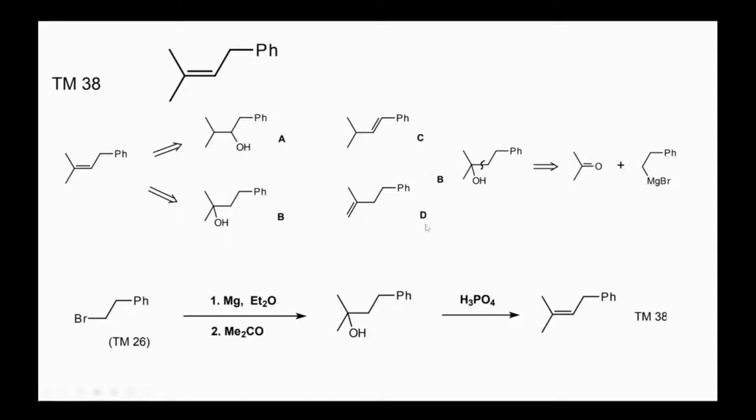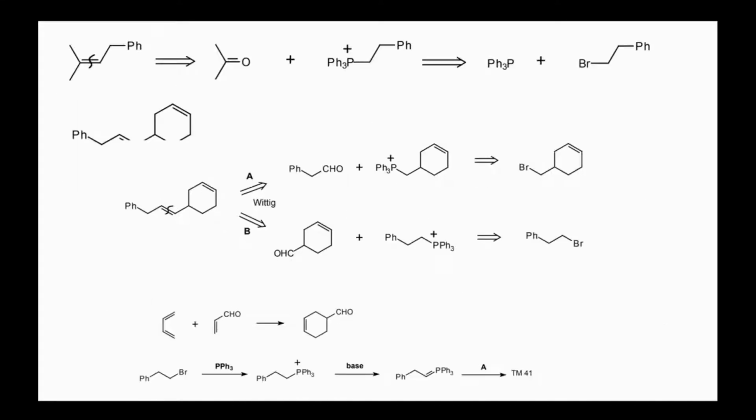So strategy route BD, route B is more favorable. So B disconnection is more favorable. And this is the target molecule.